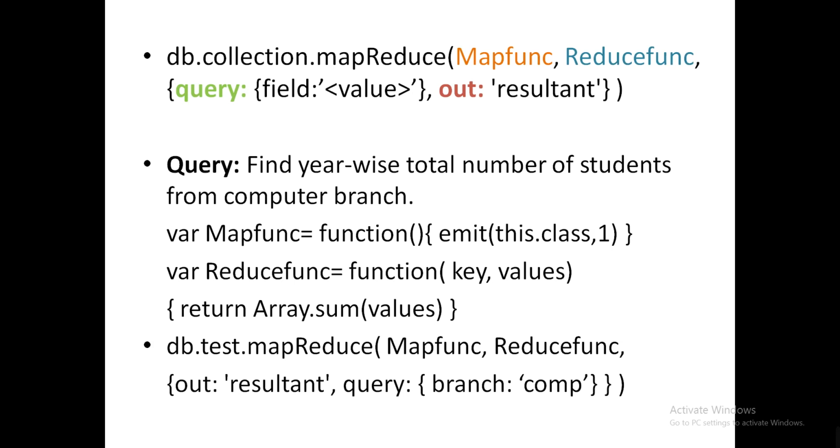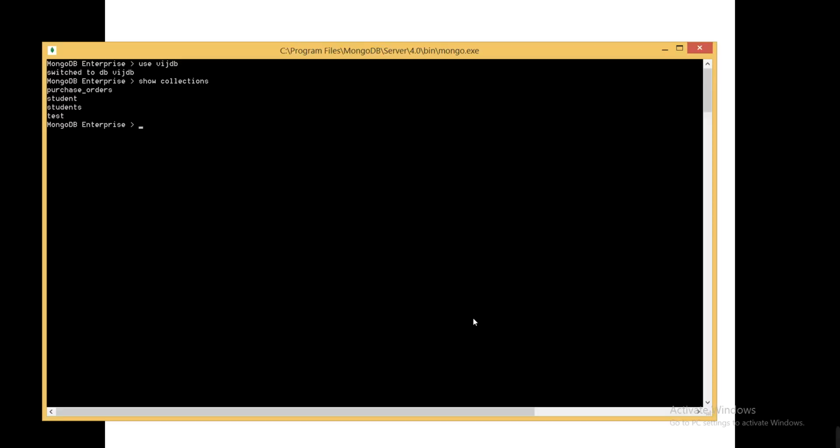So firstly, from the raw collection that we have, we will filter all the documents which are from the computer branch, and then we will filter out the specific classes and their corresponding number of students. So let us go ahead and try to execute it on the MongoDB shell.